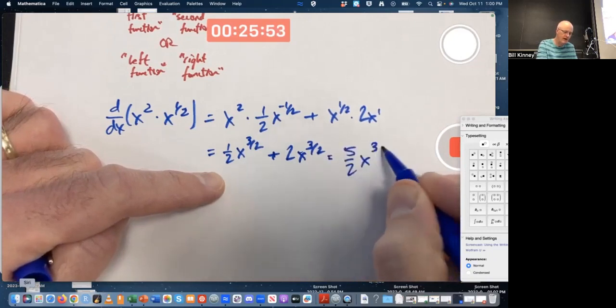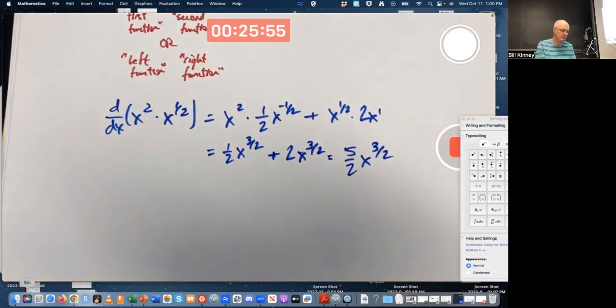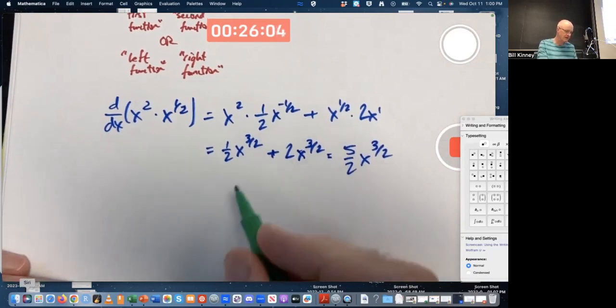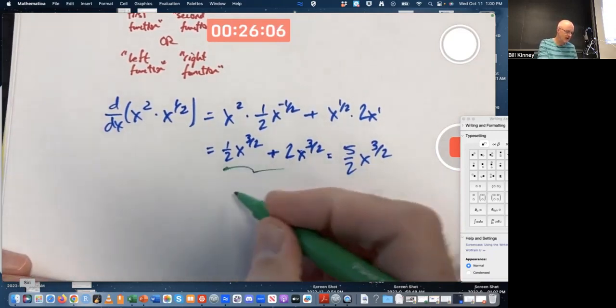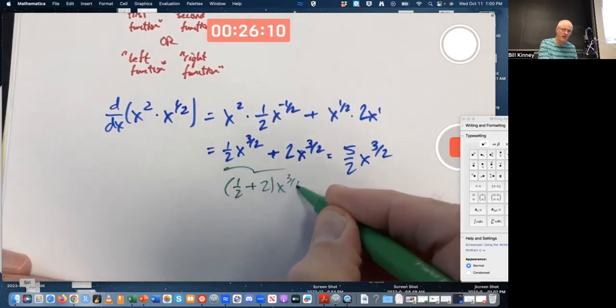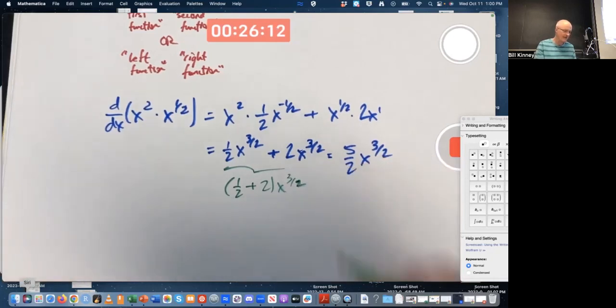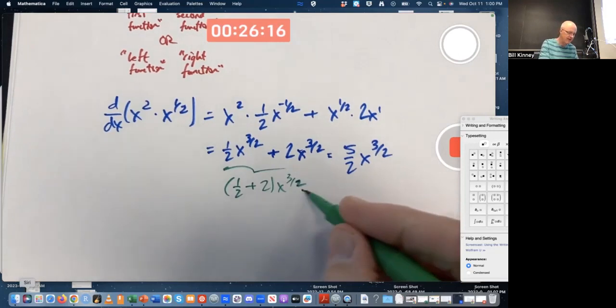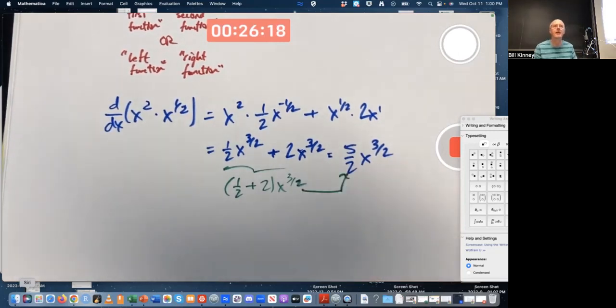Have you ever wondered why you can do that? Why can you combine those? Well, the official mathematical reason is the distributive property, because I can factor out the common factor of x to the 3/2 power. And then, yes, 2 plus 1/2 is 5/2. That's the official mathematical reason.